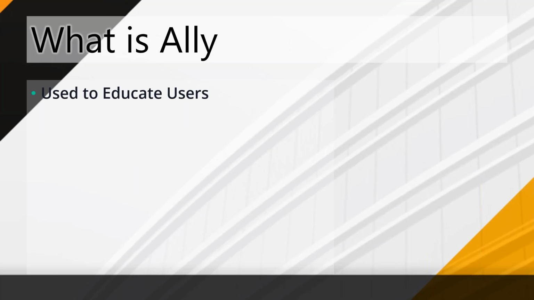So at first, what is Ally? Ally has a number of different uses. It's intended to be your friend and your helper, and it can be used to help educate your Revit users in the office, whether it's what are the standards for building new wall types, or hey, we've got really complicated doors, how do they work?